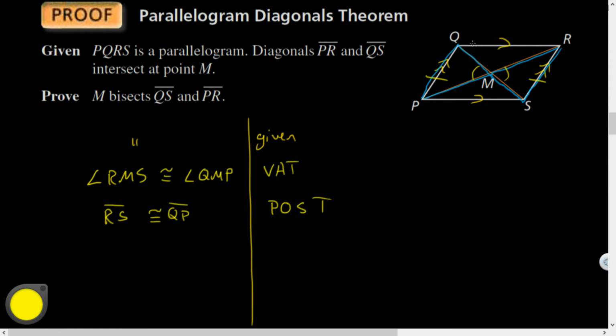So I've got to prove triangles. I need one more thing. What do we got, Evan? Let's see, PQM. And PQM and RSM. I like it.